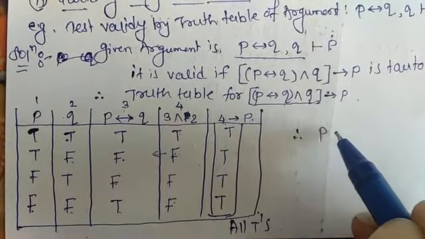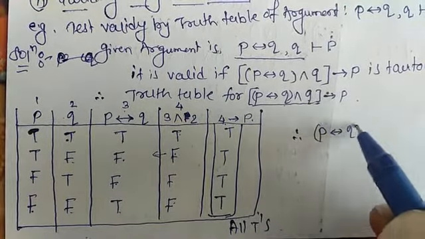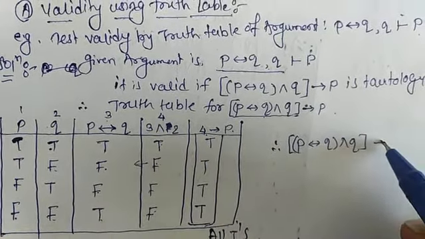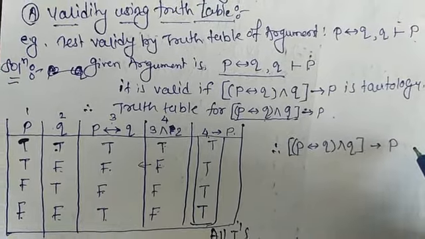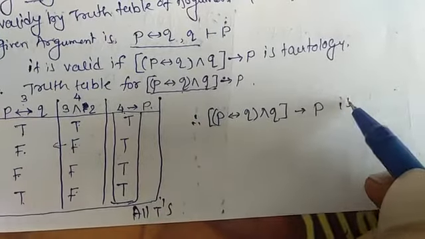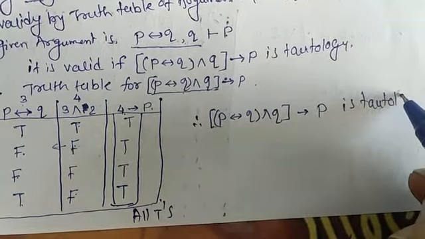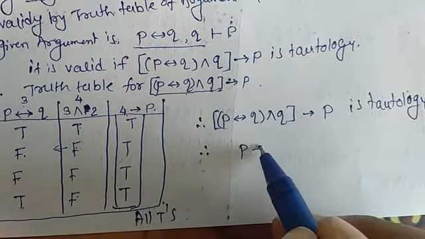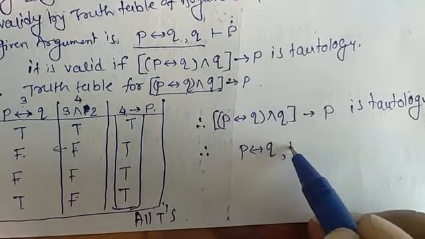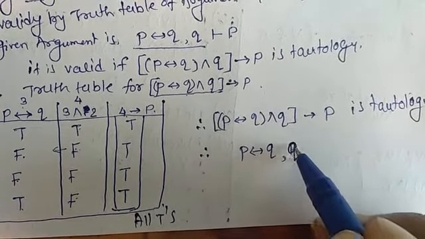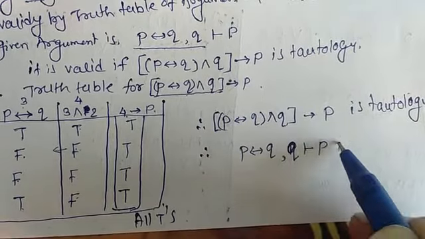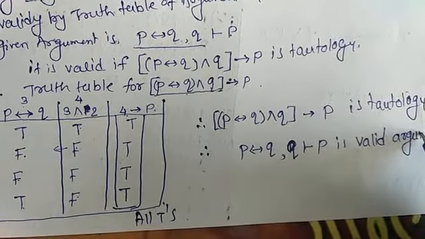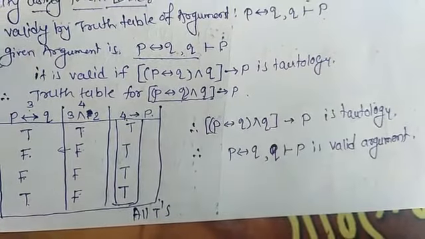Therefore ((P → Q) ∧ Q) → P is a tautology. Therefore P → Q, Q, conclude P is a valid argument.